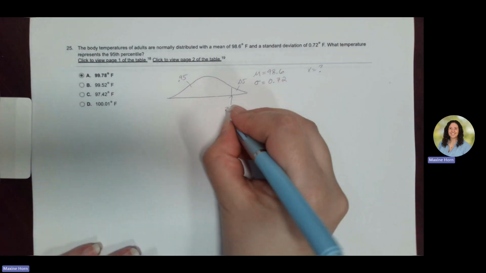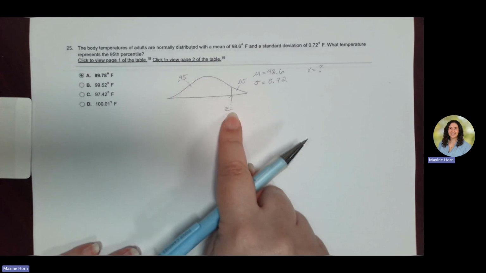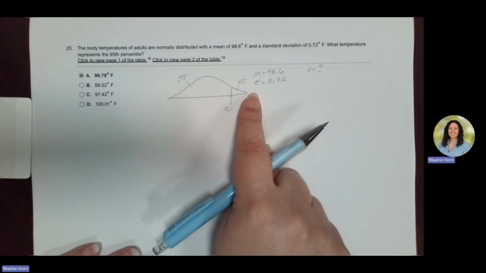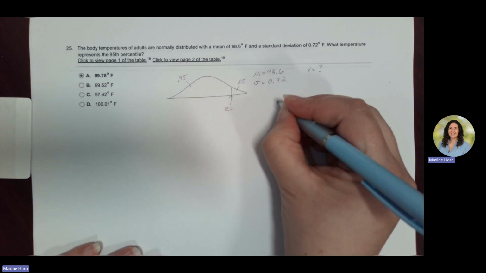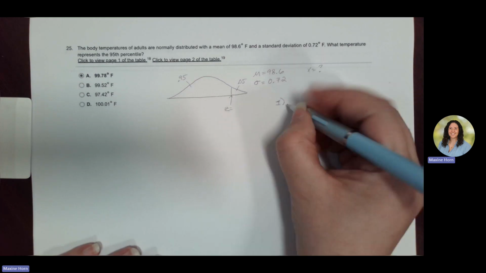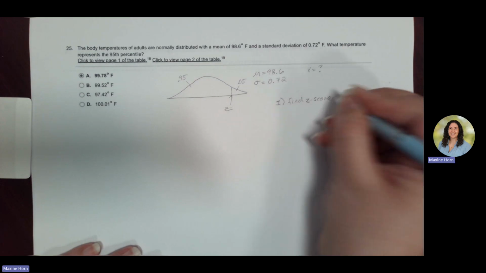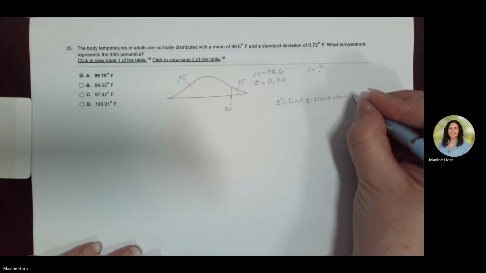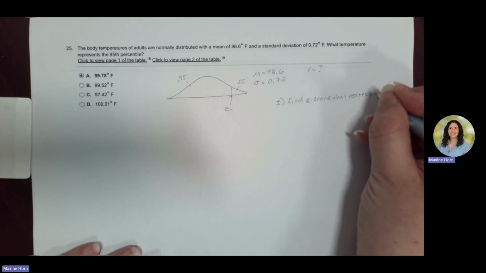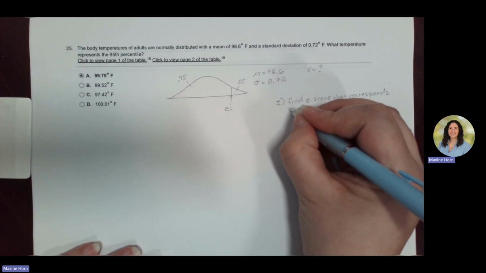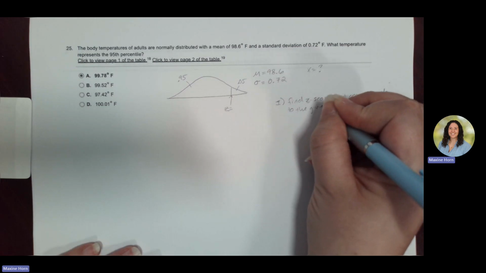We're going to start by first finding the Z-score that separates these two things from each other. Okay, so I'll label this one: find the Z-score that corresponds to the given area.